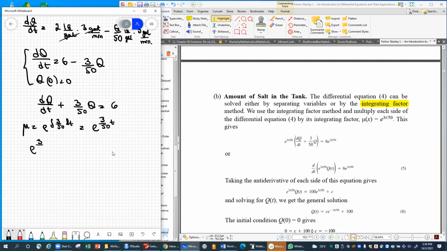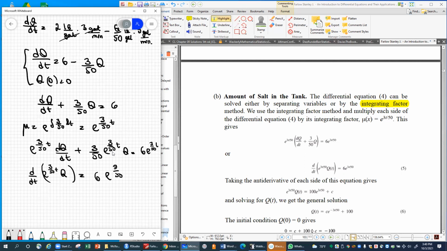You multiply each term, so d/dt of (e^(3/50 t) Q) equals 6 times e^(3/50 t).